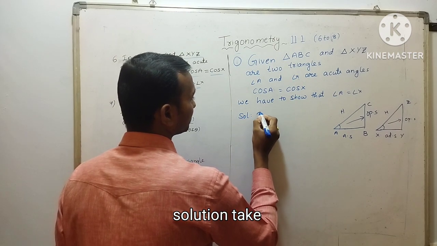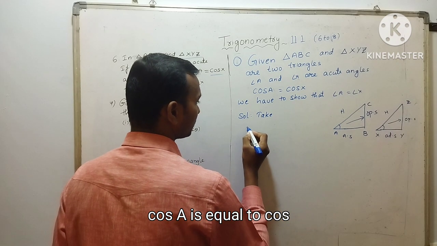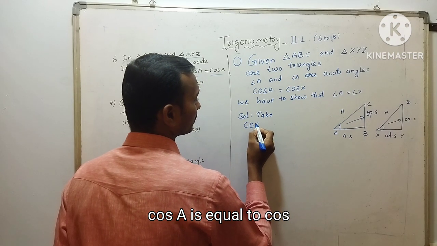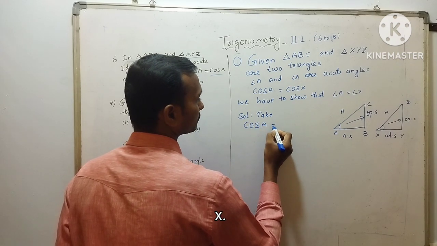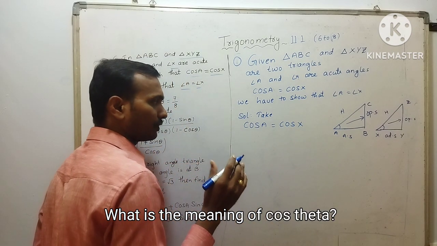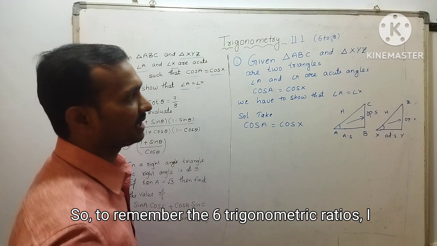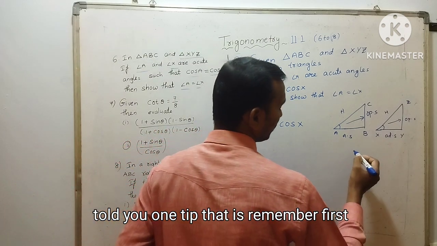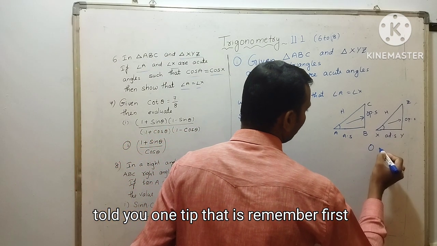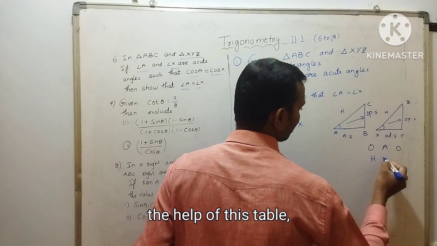Solution: take cos A is equal to cos X. What is the meaning of cos theta? To remember the 6 trigonometric ratios, I told you one tip, that is remember first OAO, HHA.